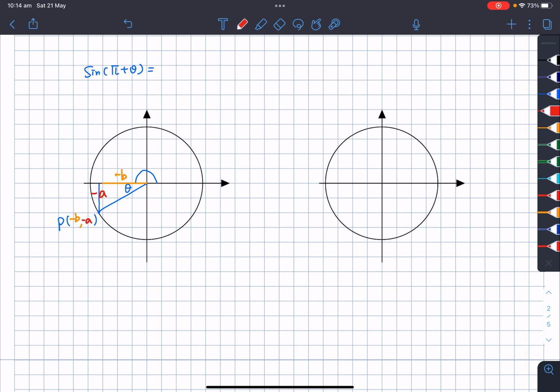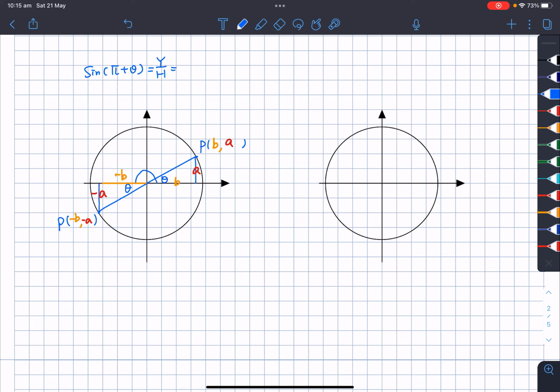Okay, draw a congruent triangle in the first quadrant. So here theta. Therefore point P here, the coordinate should be what? Positive b and a. So I write down a here, b here. Now sine pi plus theta in the third quadrant will be y over h.